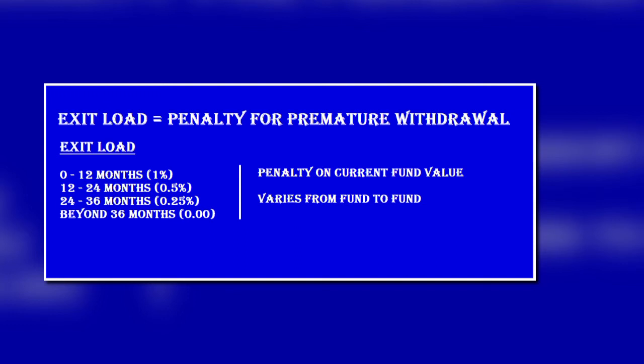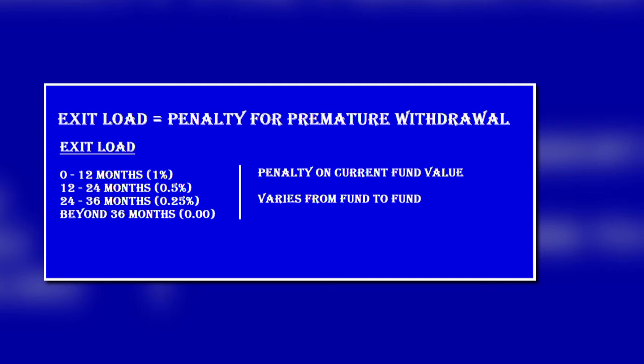If you withdraw within 24 to 36 months, then 0.25% is deducted. But if you withdraw after 36 months or 3 years from the date of your investment, then no exit load is deducted. So, the exit load system indirectly encourages an investor to keep their money invested for a certain period of time in the fund.